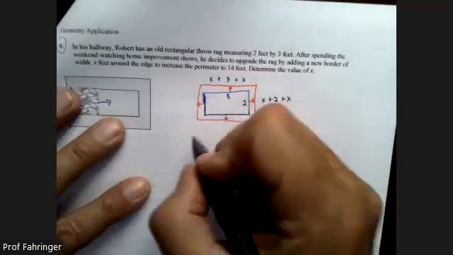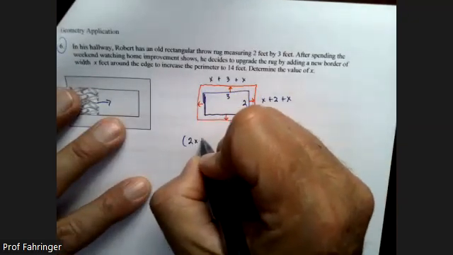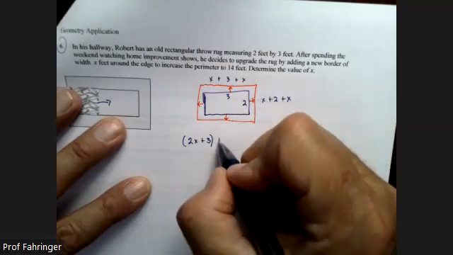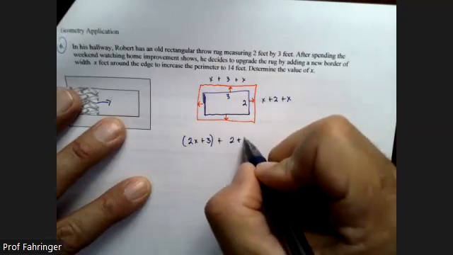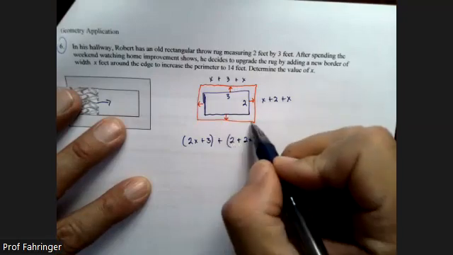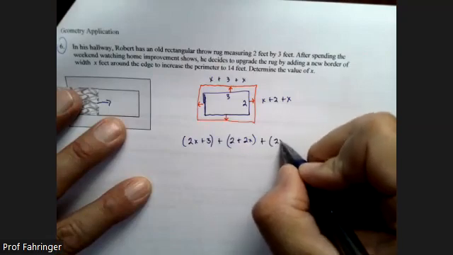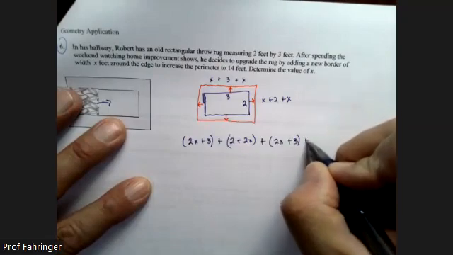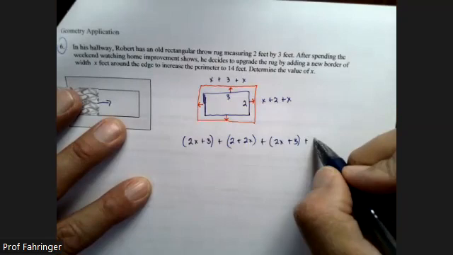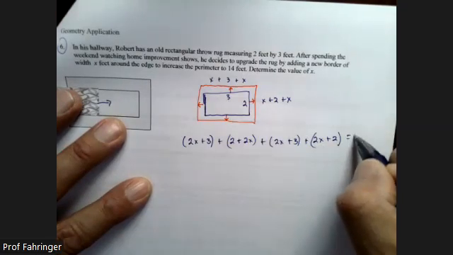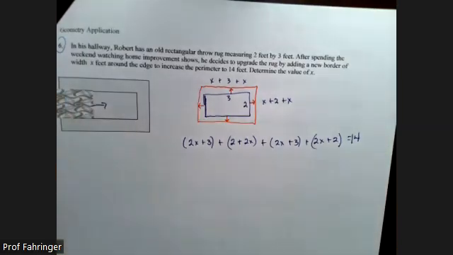So I'm going to go across the top, 2x plus 3, down this right side plus 2 plus 2x, back across this side, that's another 2x plus 3, and then back up the top, that's another 2x plus 2, and my perimeter has to equal 14.